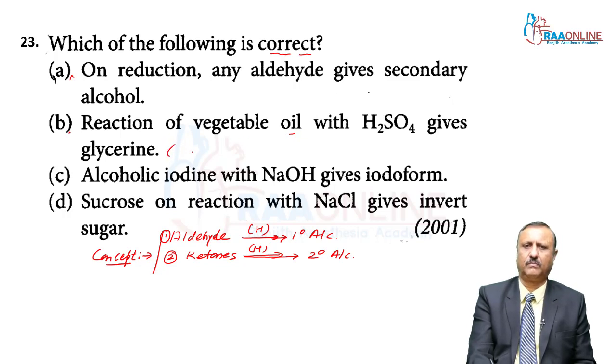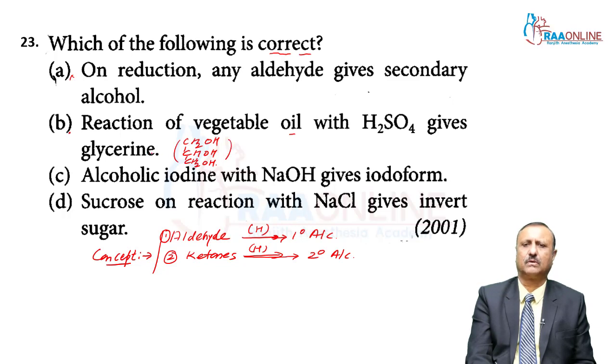What is the formula of glycerine, my dear friends? It is another form of glycerol. The molecular formula of glycerine has CH2OH, CH2OH. So, this is glycerol, my dear students.